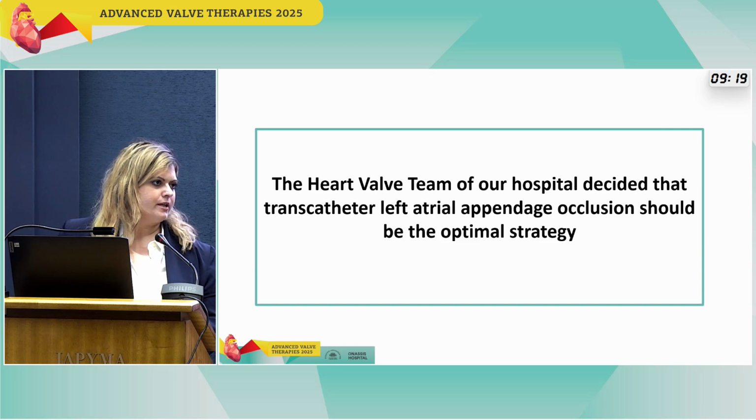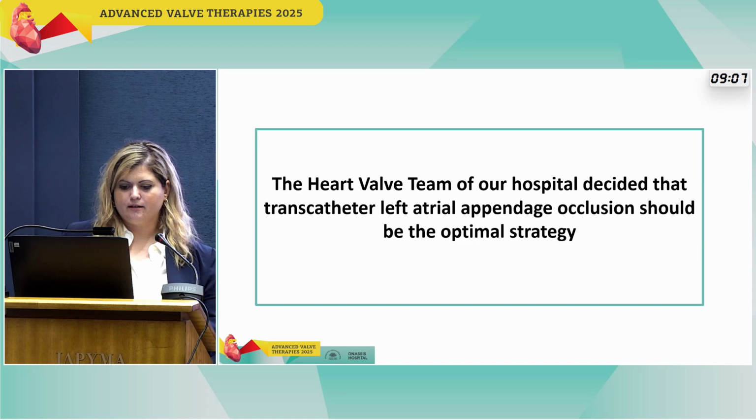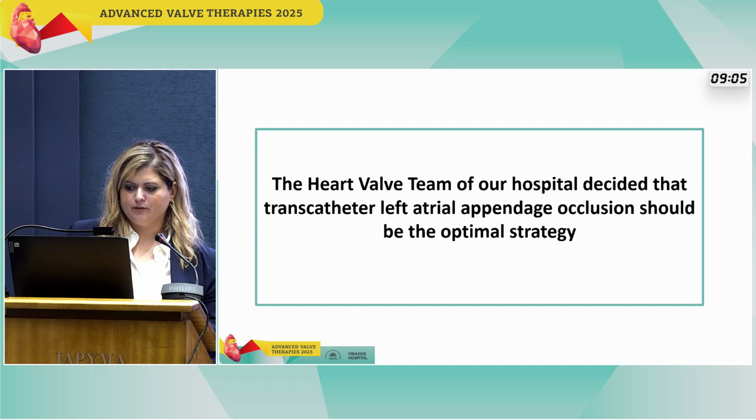Taking into consideration the high HAS-BLED score of the patient and that he's suffering from gastrointestinal bleedings, we decided that we want to do a transcatheter left atrial appendage occlusion.